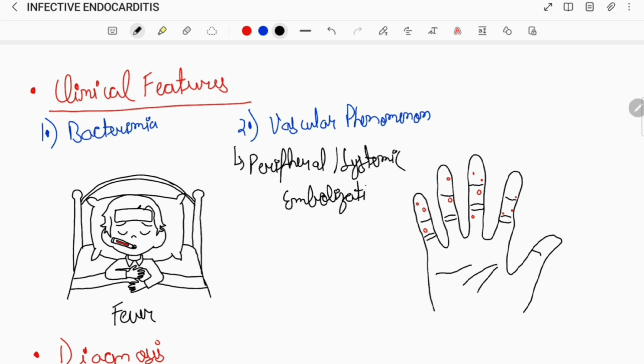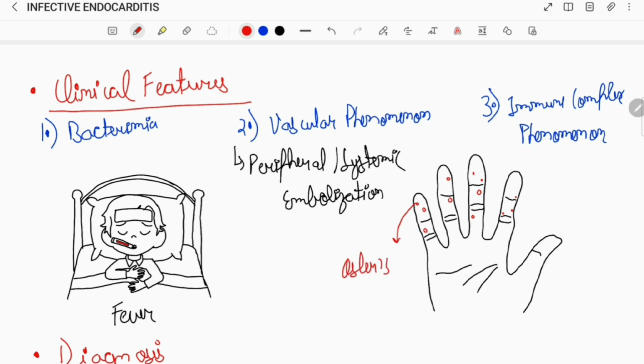And third, an immune complex phenomenon. Now look at this diagram for immune complex phenomenon. Here we have red colored painful nodules at the tip of the fingers known as Osler's nodes. This is what you can see in immune complex phenomenon.